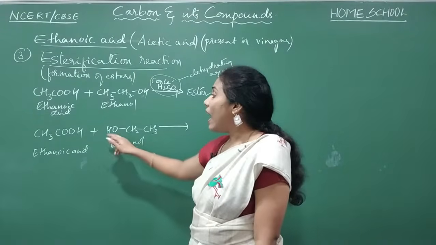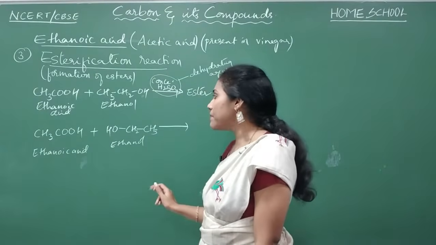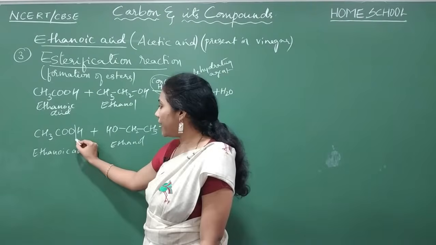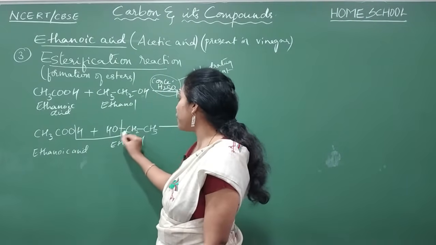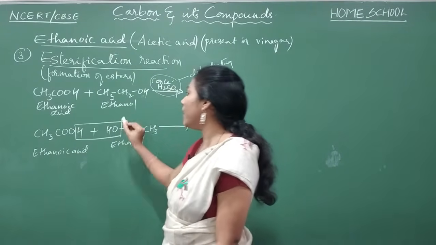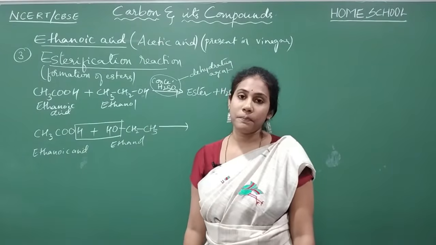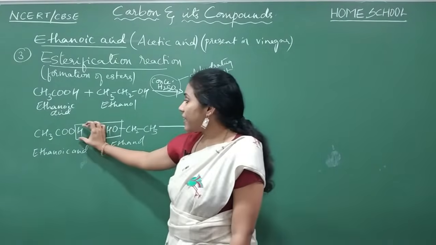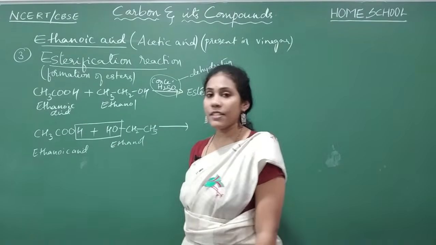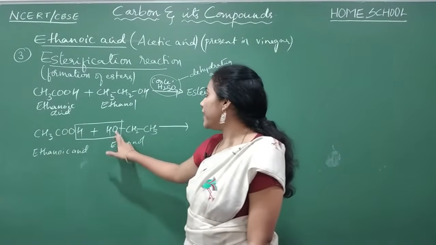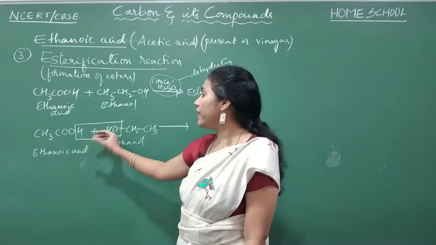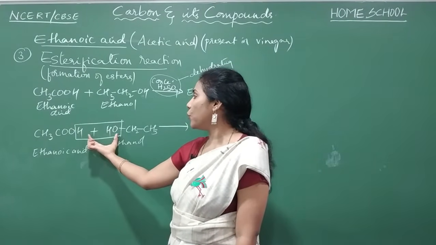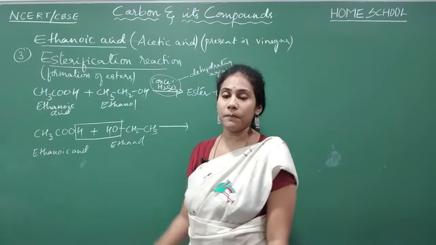And here, how water molecule comes out is H from ethanoic acid, OH from alcohol will come out as water. Just observe carefully. H from acetic acid is going out. OH from ethanol is going out. Later these two ions H and OH will combine as water.